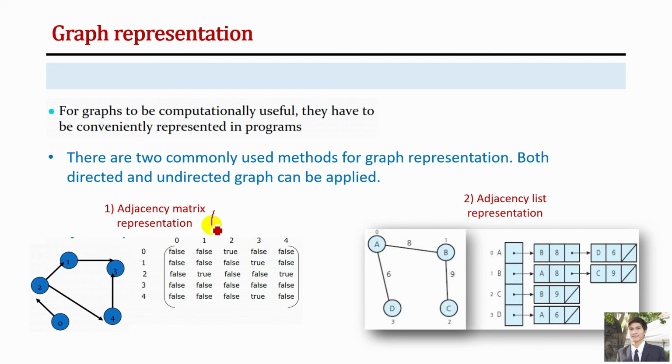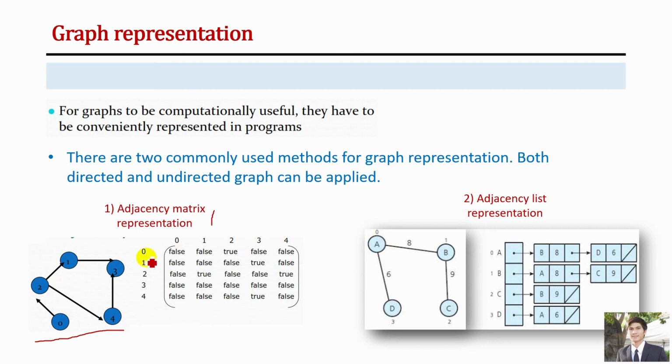When we focus on a graph, firstly we count how many nodes it has, and then we arrange the size of this array with the number of nodes. For example, if we have 5 nodes, it means that our 2D array is 5 by 5, 5 rows and 5 columns. And then we will see its relationships.